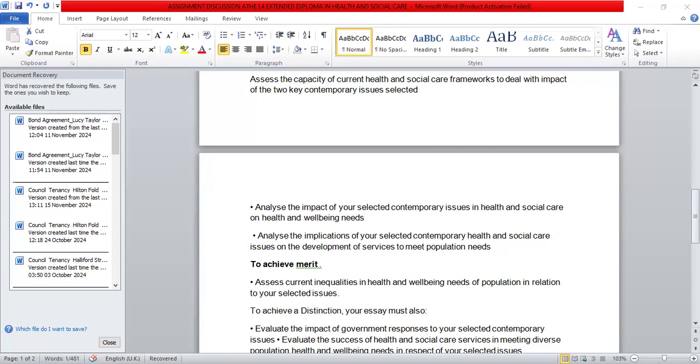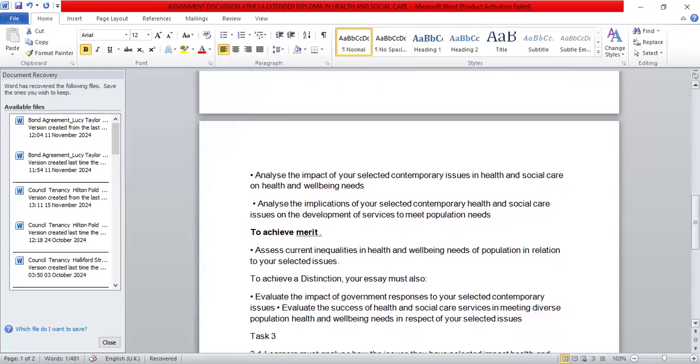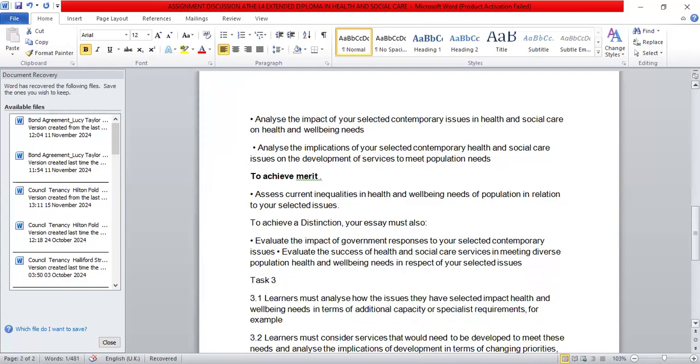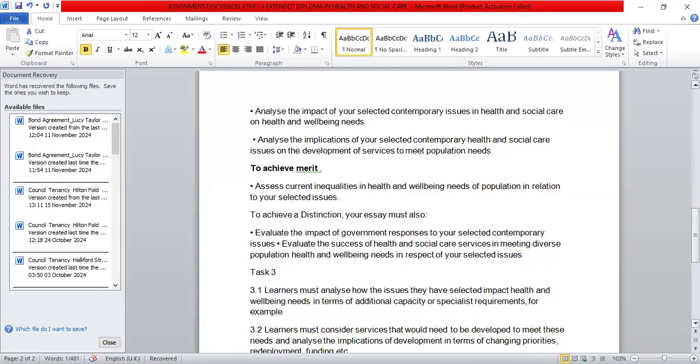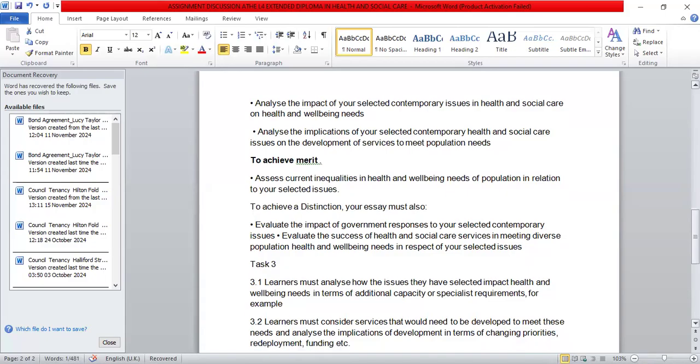Then we can look into 3. So you've done with it. We spoke about the merit, and then we spoke about distinction. If it's about distinction, you need to evaluate the impact of government responses to the selected contemporary issues.